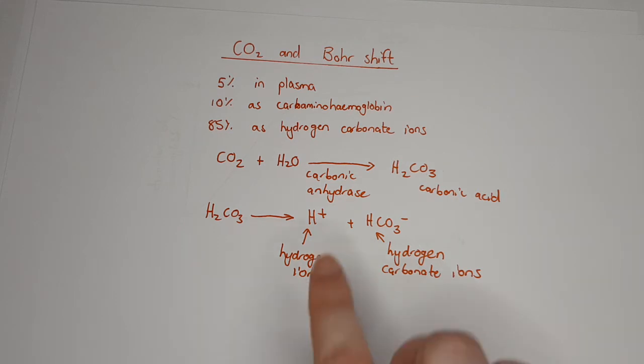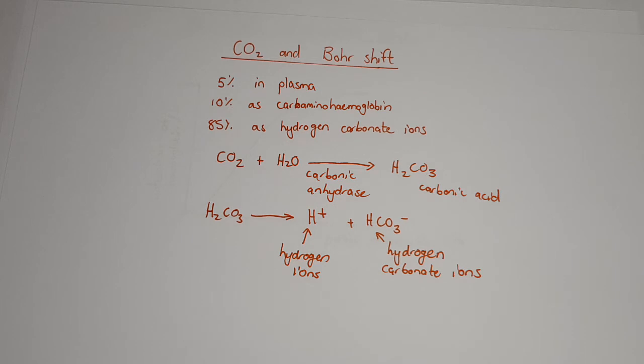But now, hydrogen ions are responsible for pH. So the more hydrogen ions there are, the more acidic something is, and it lowers the pH. So if you're creating a large amount of carbon dioxide, so for example, you're exercising a lot and your body is producing a lot of carbon dioxide as a product of respiration, you're going to make a lot of hydrogen ions.